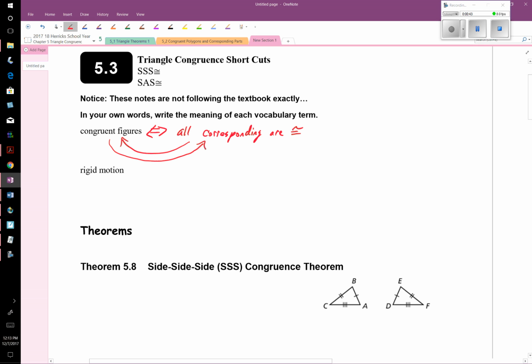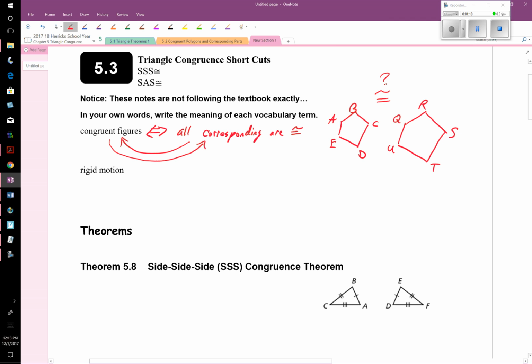Okay, so if you have something with, let's say, 5 sides, like an irregular pentagon, so we have 1, 2, 3, 4, 5, and then I have another one, and I want to check if ABCDE is congruent to QRSTU. Are they congruent?